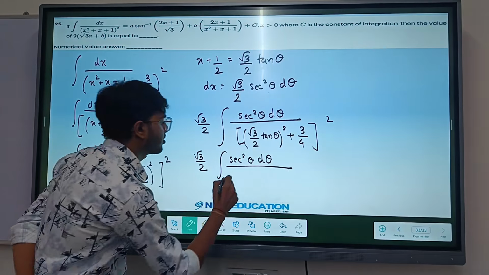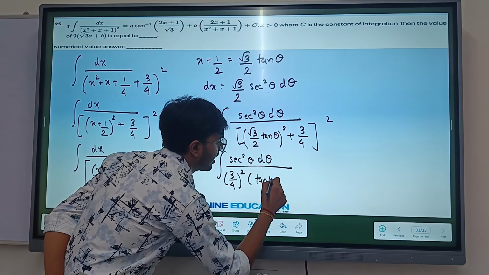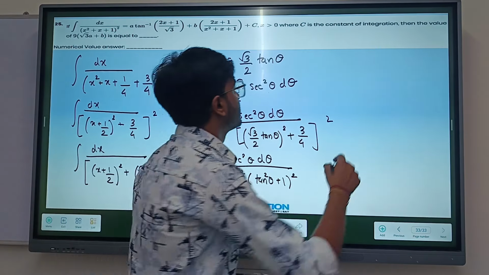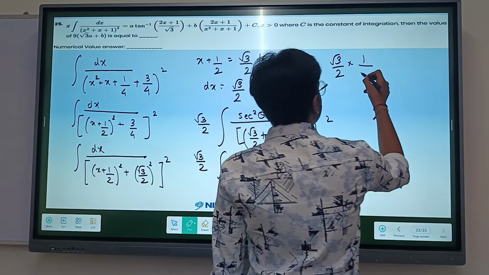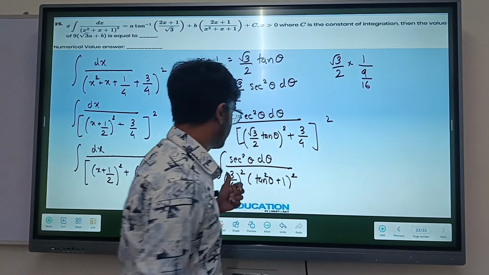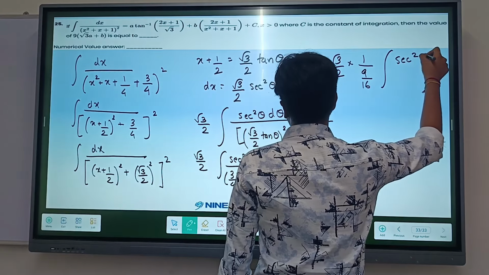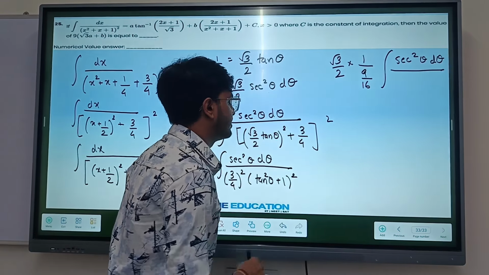I can take 3 by 4 common from here. What is left: tan square theta plus 1 whole square. So we'll get root 3 by 2 into 1 by 9 by 16, the constant taken outside the integration, secant square theta d theta divided by (tan square theta plus 1) whole square.